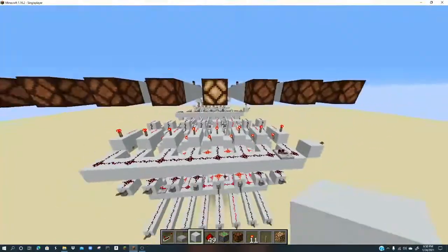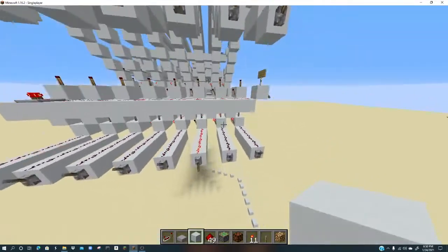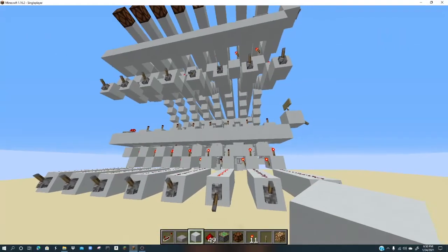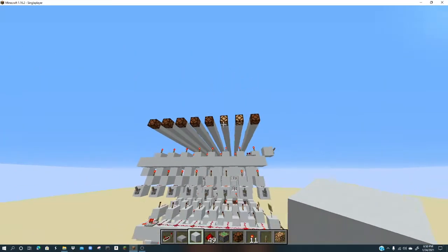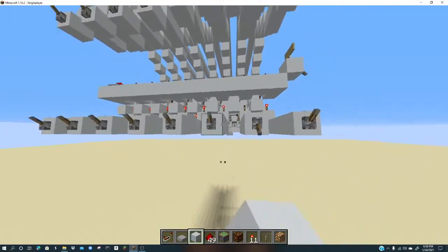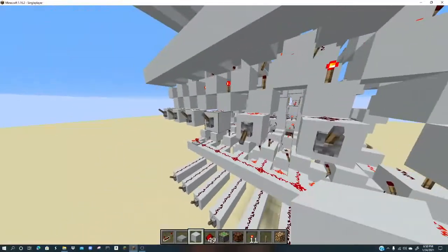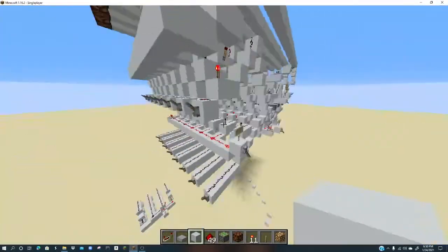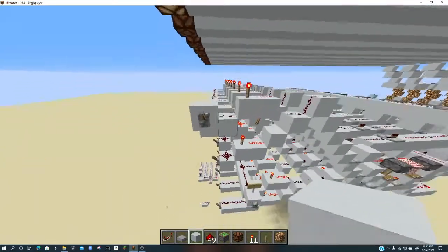So this is 8 in binary, so it did the job correctly. Let's do 12 minus 6. You get the 6. So that's subtraction there.